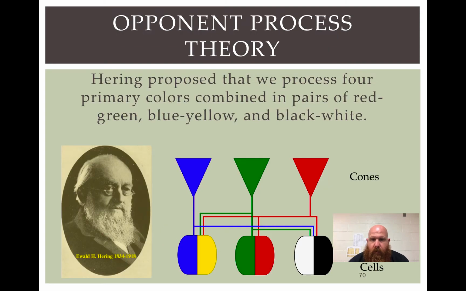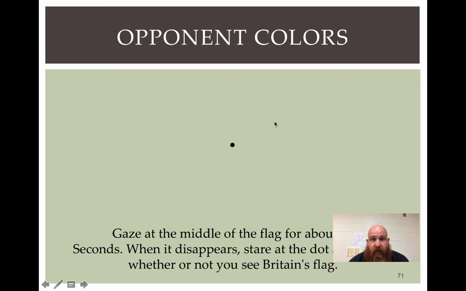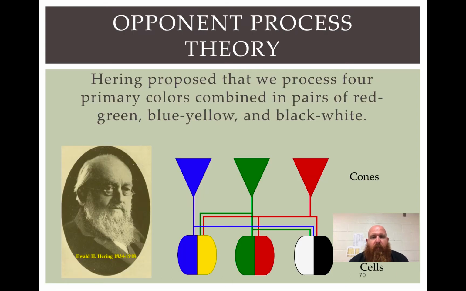Yellow and blue. And the white would be black. So the British flag, the stripes are all red. The flag itself is blue, and these parts here are white. Well, when we stare at this, we see green, black, and yellow. But when we move on, then it changes. So the theory is that we process these at the same time.